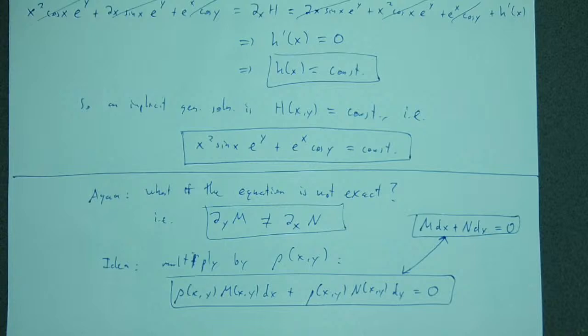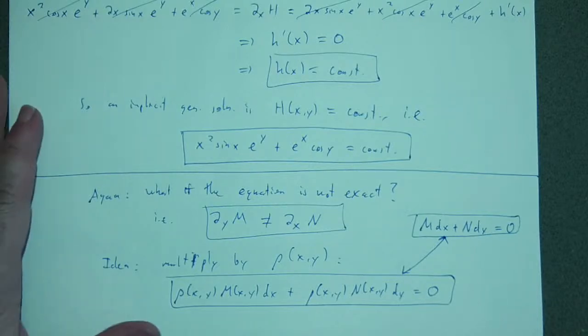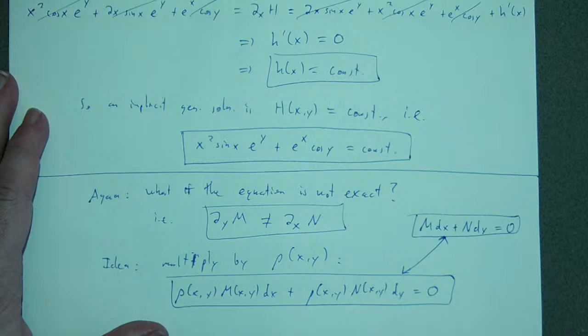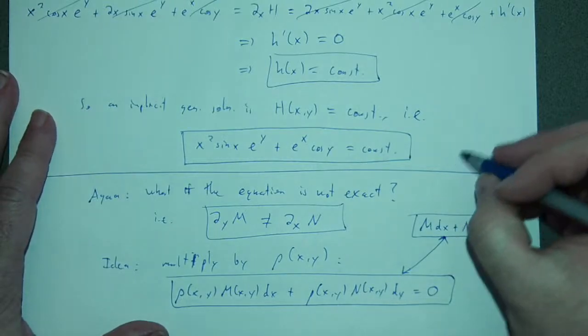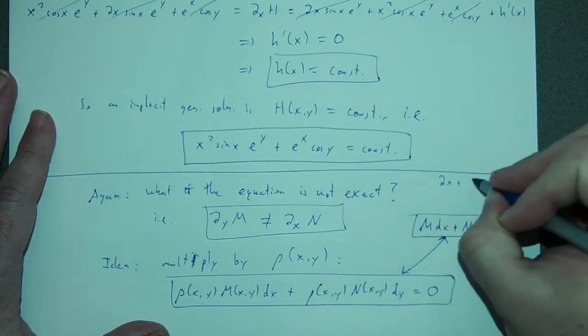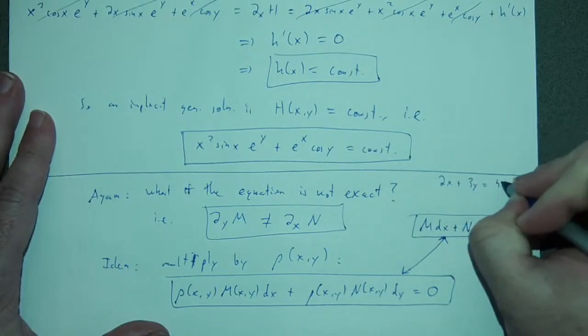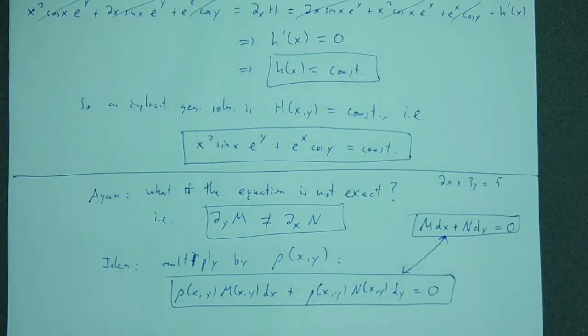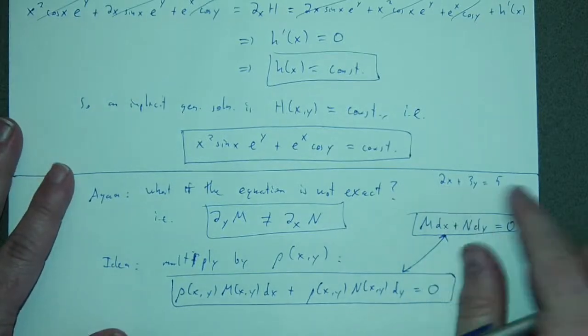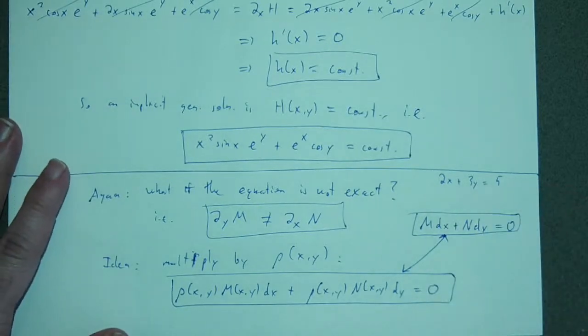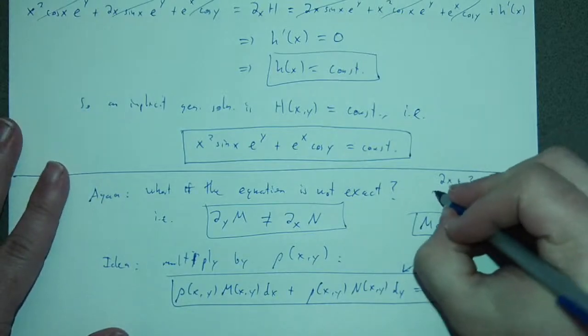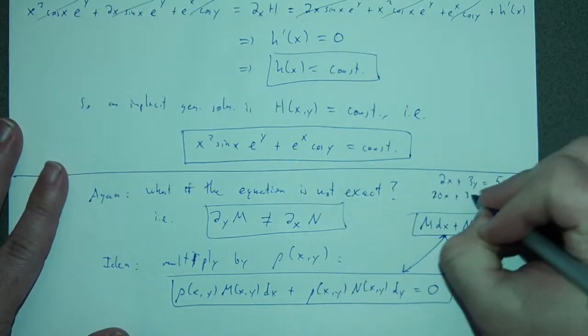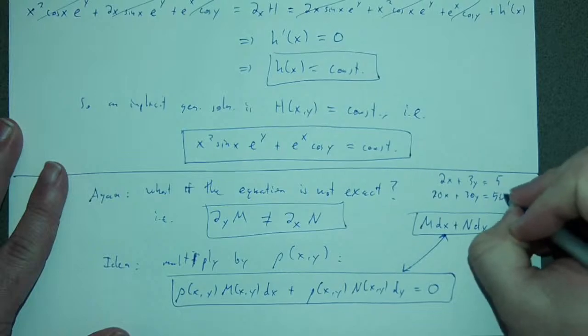An analog of this: imagine you were considering all solutions to the relation 2x plus 3y is equal to 5. You know that's the equation of a line. But if I multiply both sides by something non-zero, like 10, this becomes 20x plus 30y is equal to 50.